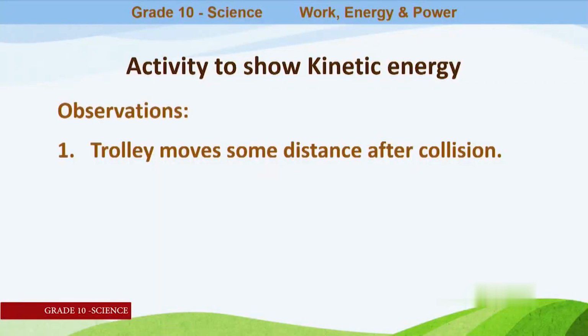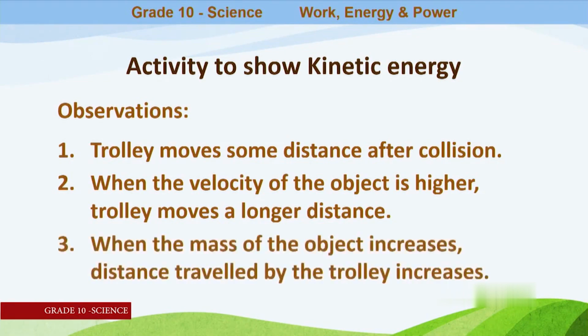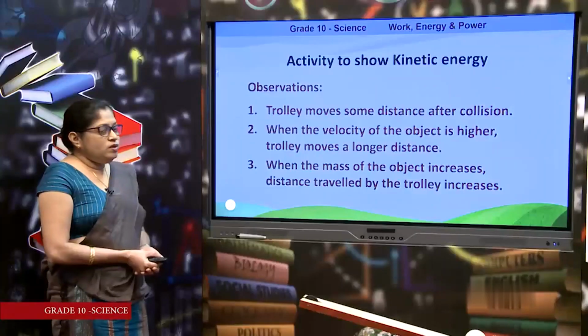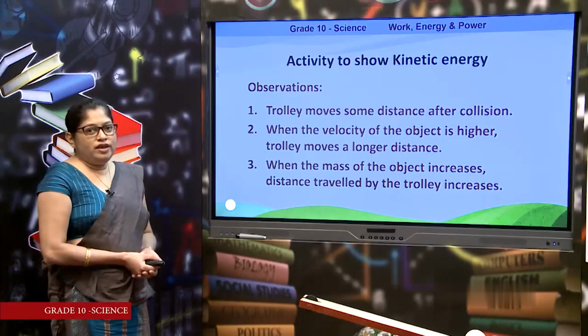You saw the trolley move some distance after the collision, and when the velocity of the object is higher, the trolley moves a longer distance. In addition to that, when the mass of the object increases, the distance travelled by the trolley also increased. So, you saw when I used the leather ball, the distance travelled by the trolley increased.